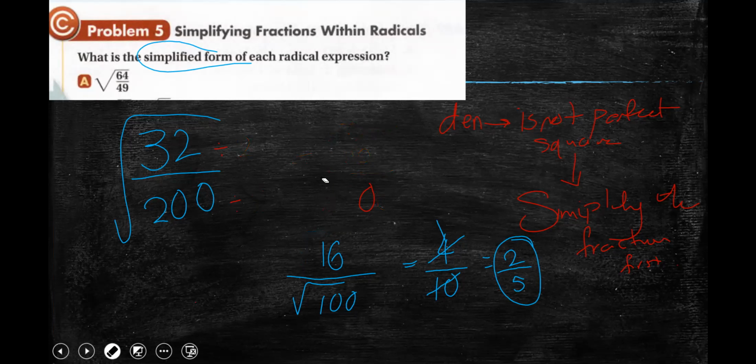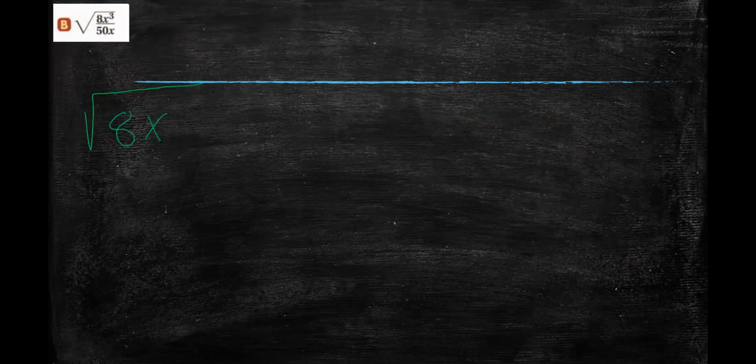Okay, now. Now let's have this one here. Square root of 8x cubed over square root of 50x.